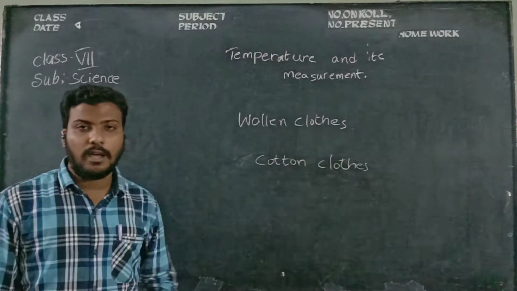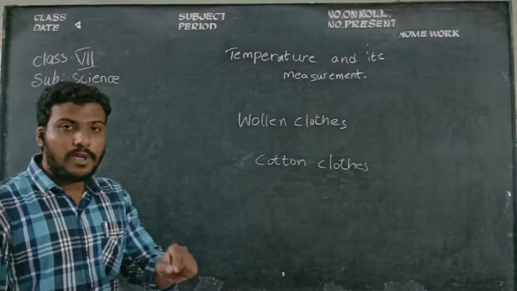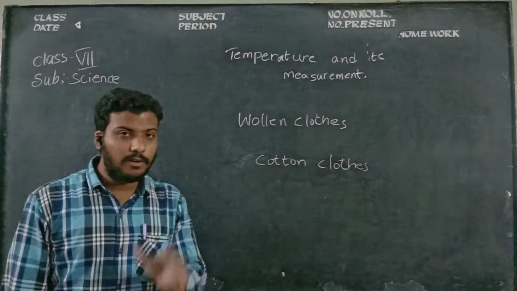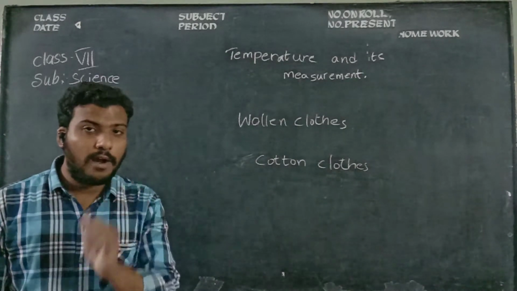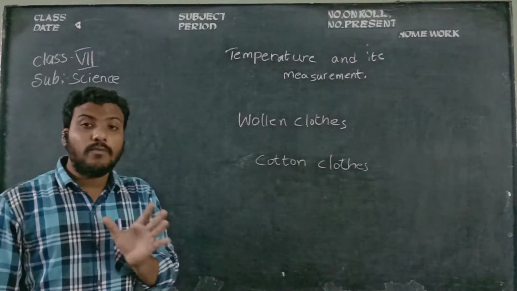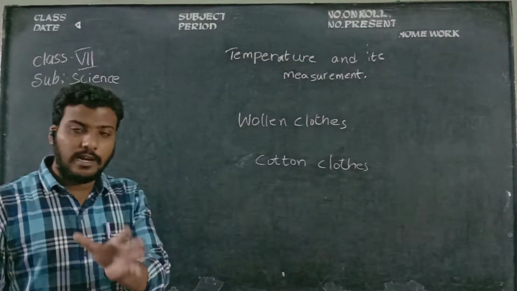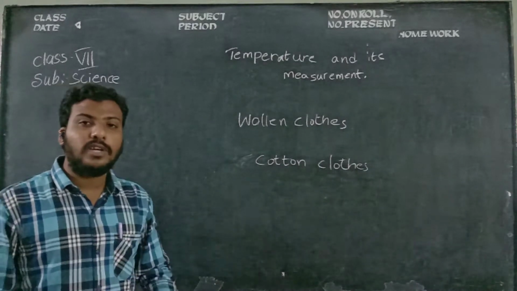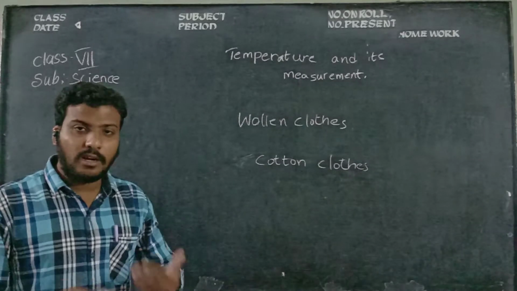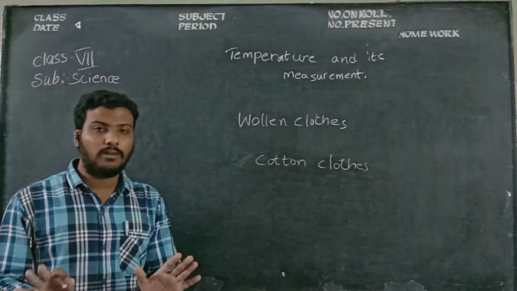Because at that time we need air. We are avoiding heat. The sun's rays are intense now, so we are avoiding heat. Internally we are generating cool. If we wear cotton clothes, internally we can have some cool.